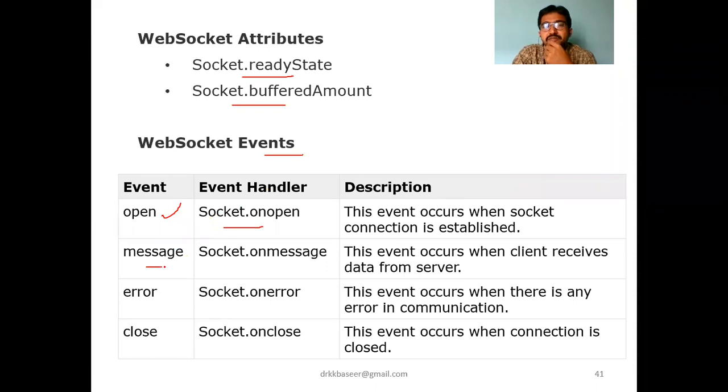When you want to send a message, socket.onmessage will take care of this. Any errors in connection, opening a socket or anything else, socket.onerror will be there. Close the socket, socket.onclose. So these are some of the events: open, message, error, close. And these are the event handlers: socket.onopen, socket.onmessage, socket.onerror, socket.onclose. So these are a few event handlers as well as events.